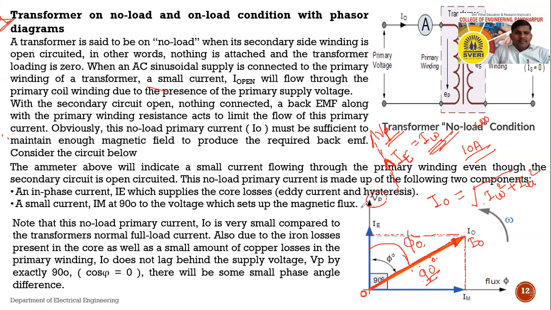If I want to represent the I0 vector, it is the vector sum of IW plus I mu. And if you want to take the magnitude, then I0 is equal to the square root of IW square plus I mu square.